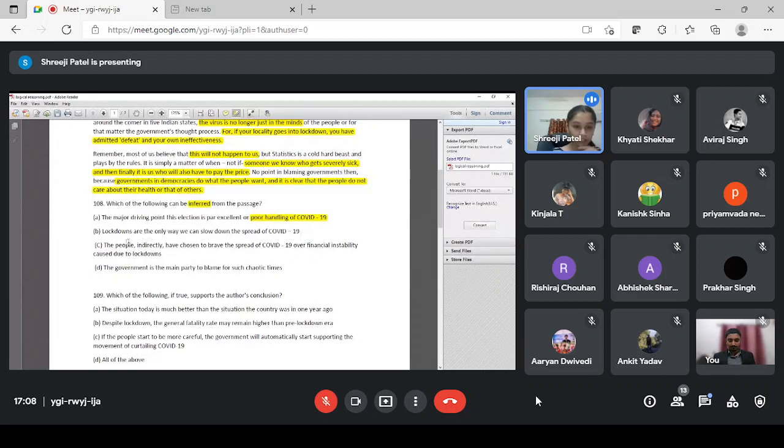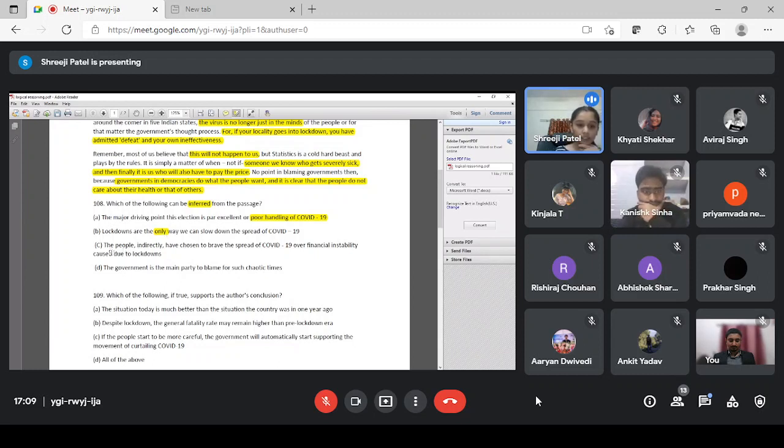And if we go with the second option, lockdowns are the only way. What we need to focus on is that we can't take an option that is really extreme. It is written that lockdown is the only way. No, it wasn't the only way we can slow down the spread of COVID-19. There are other restrictions that we can follow. Therefore, this couldn't be the answer.